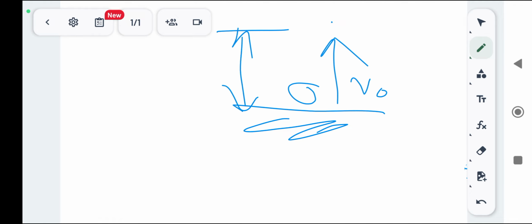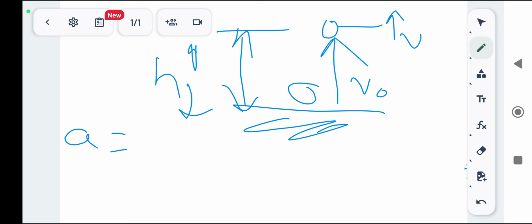When it reaches height h, let us assume the final velocity is v. In this case the object is moving against earth's gravity, therefore there is a deceleration.